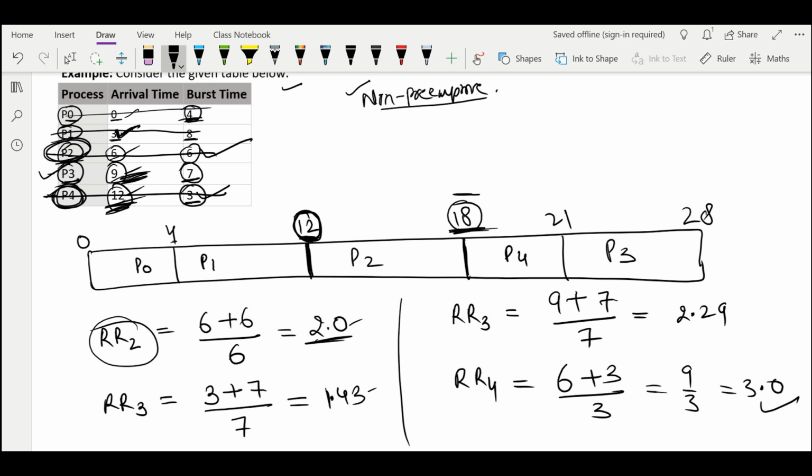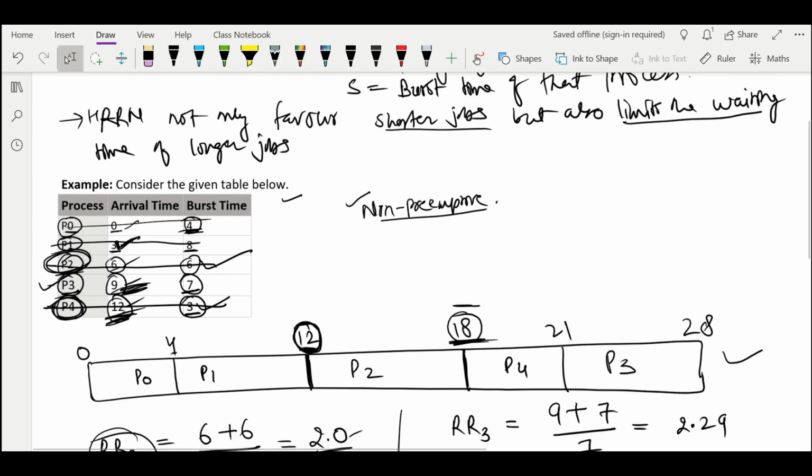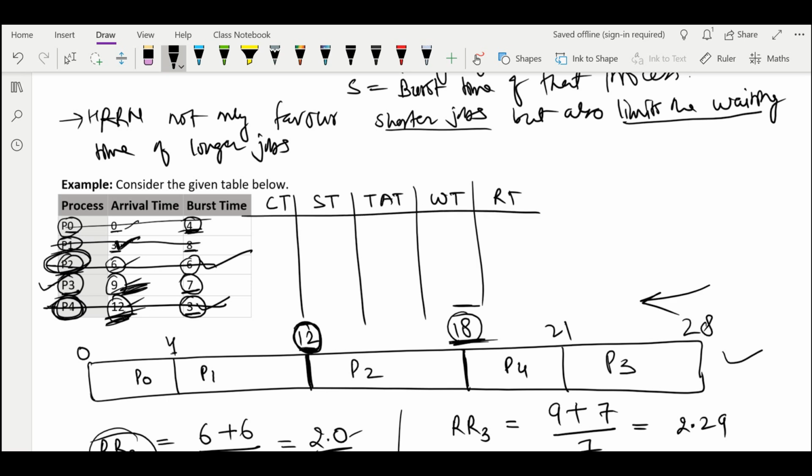Okay. This is the Gantt chart. And now if you have to calculate all the other things, you already know how to calculate them. So let's see. This is completion time, start time, turnaround time, waiting time, response time. Now completion time from this side. So P0 is completed at 4.